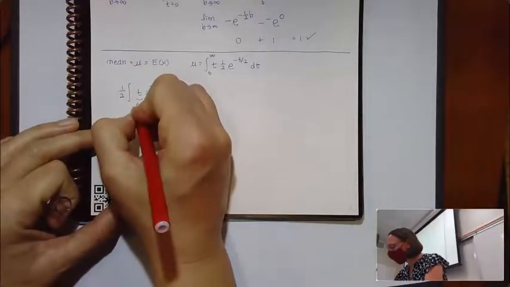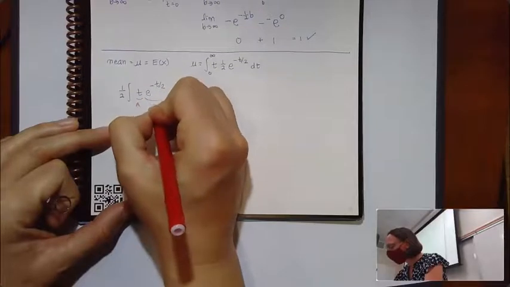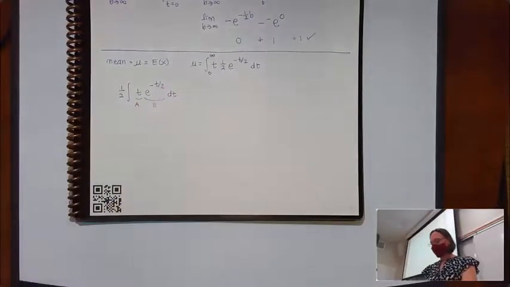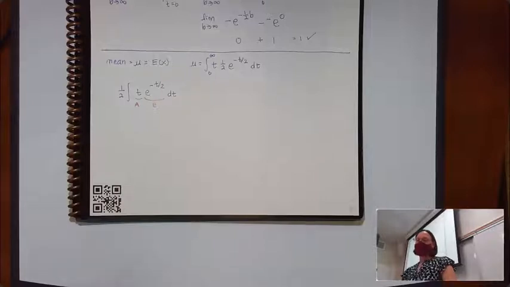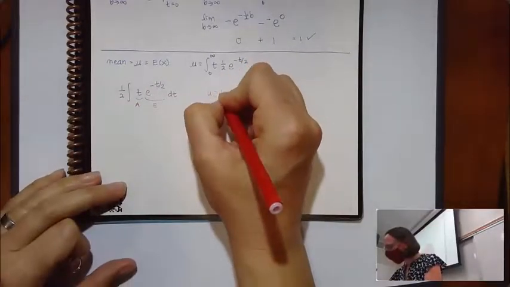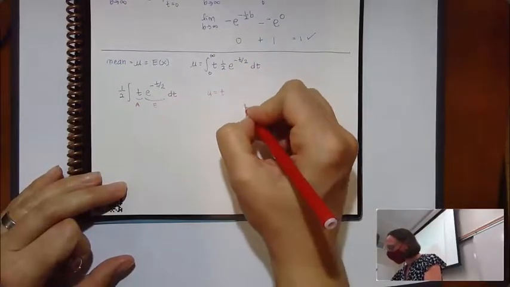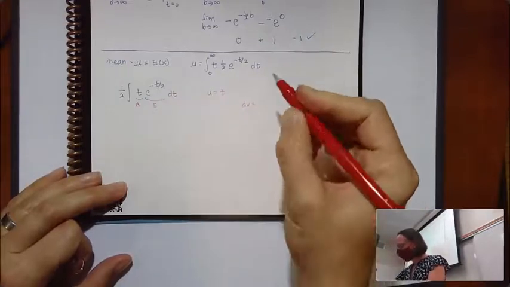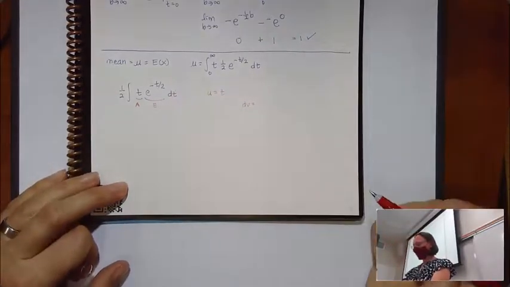I've got a mixture of algebra and exponentials. I know that algebra comes first in the word LATE. So I would have my u equal to t and my dv be everything else.